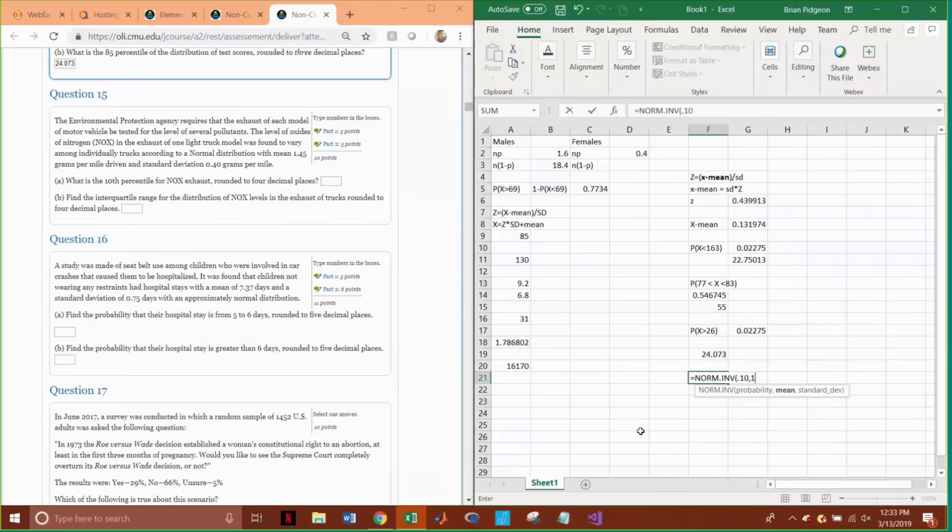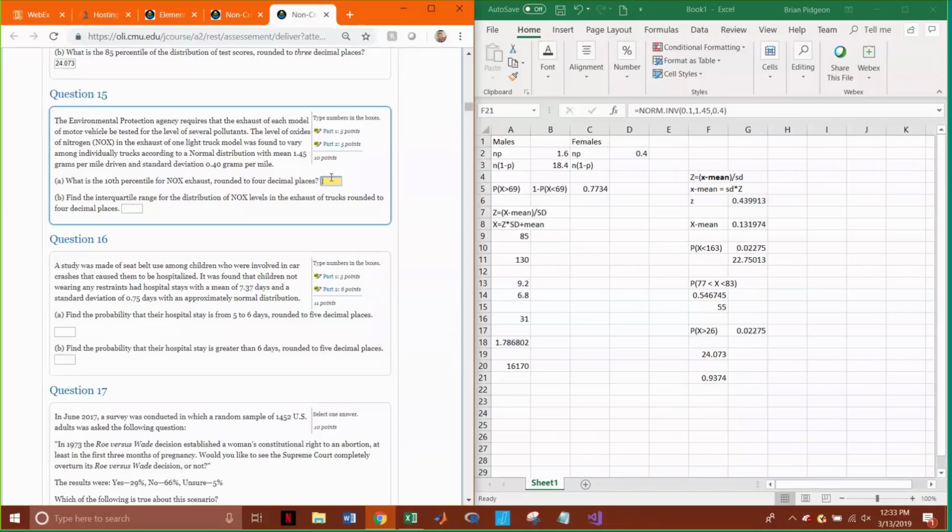The mean is 1.45, and the standard deviation is 0.40. So we get that the 10th percentile rounded to 4 decimal places is 0.9374.